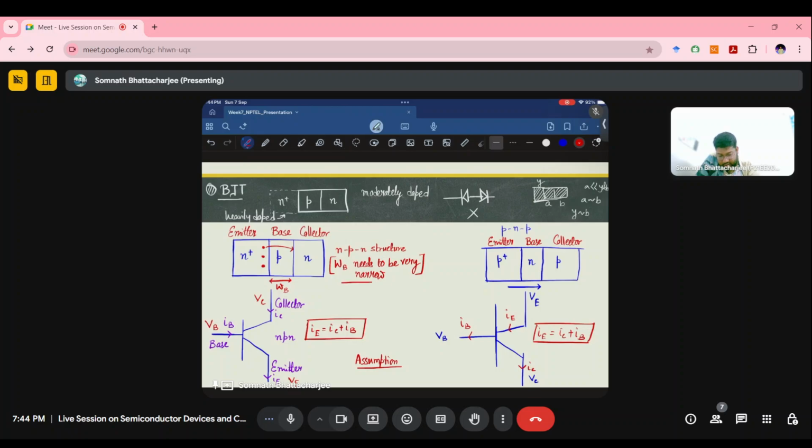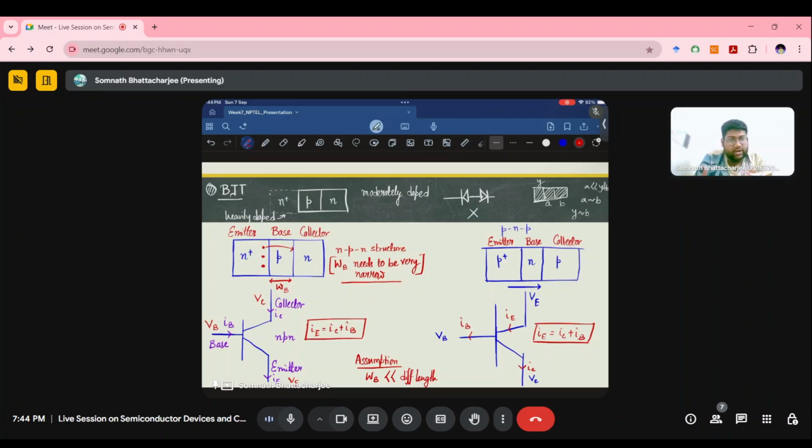As I have already explained, why does it need to be narrow? It needs to be narrow because the base width needs to be much, much smaller than the diffusion length.